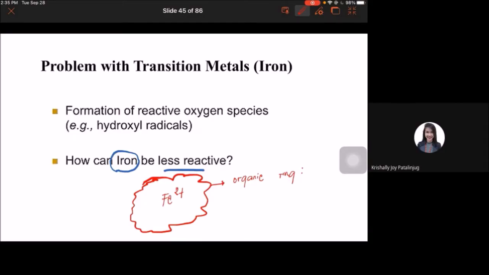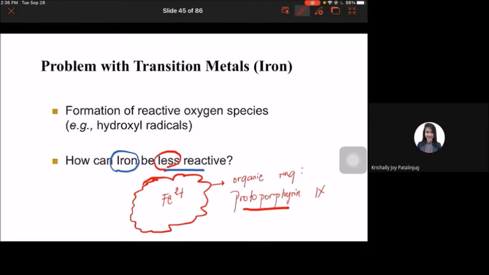Organic ring structure, is what we call the protoporphyrin 9. I repeat, yung protoporphyrin 9 dyan, importante to sequester iron, to shield, to protect iron, to make it less reactive. Nakuha? So, yan yung purpose ni protoporphyrin dyan.